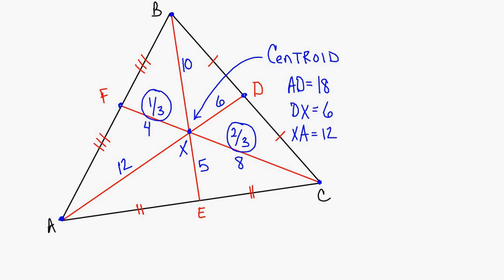The other thing you're going to have in your assignment today, that's most of your practice today, is just going to look like that. You're going to get a picture of a triangle with its 3 medians. You're going to be told that this piece is 6. Find this piece, or find the whole piece.